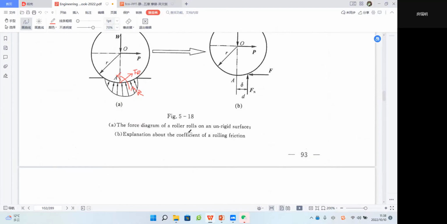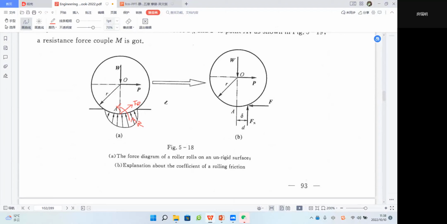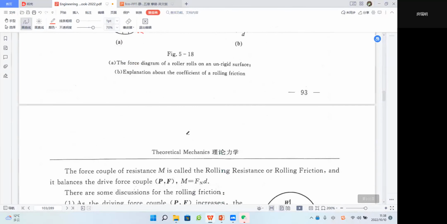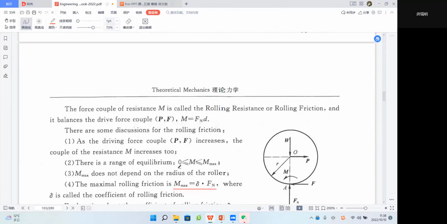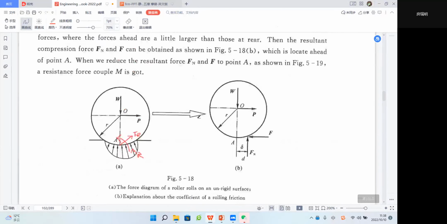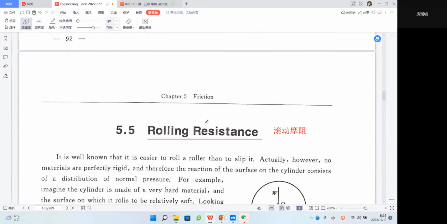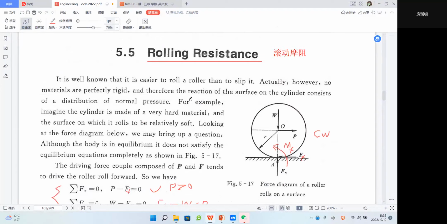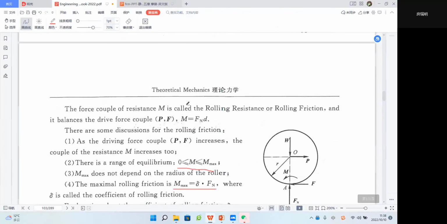So when we understand why this is happening, because this Fr is not zero, we can move a little bit. Then we will have this Mr. So this rolling resistance is more like the sliding force.